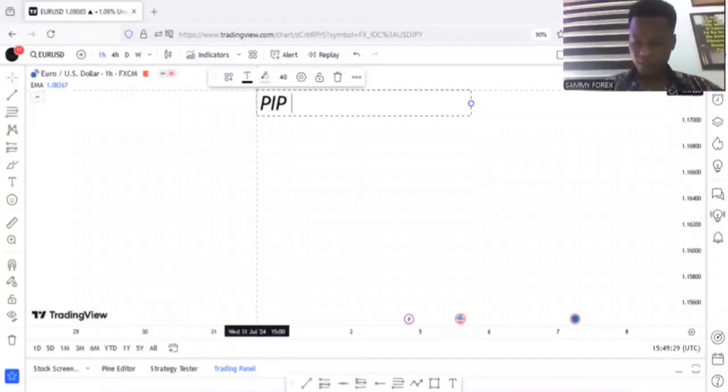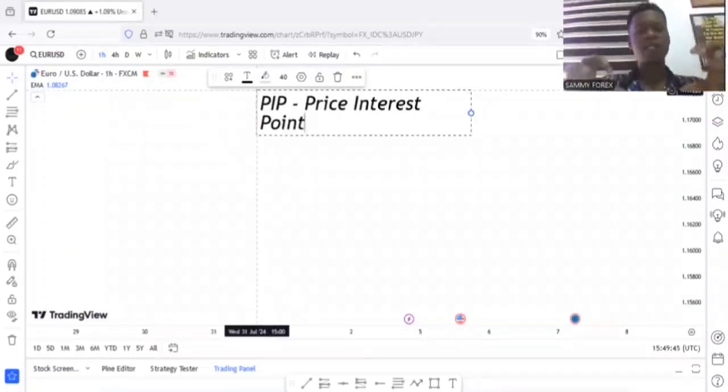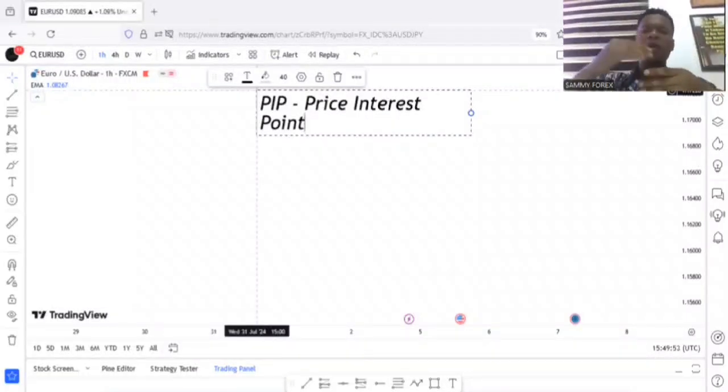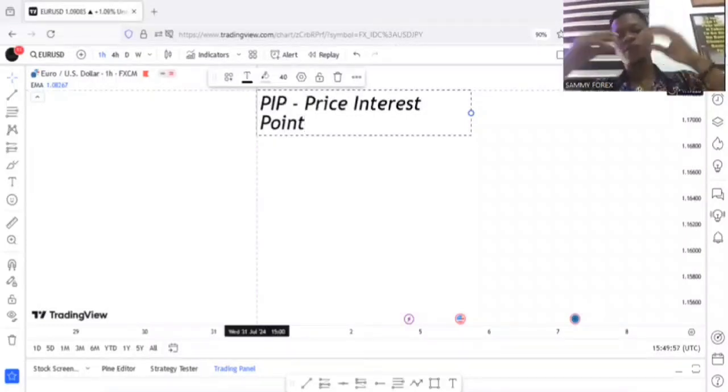PIP means Price Interest Point. That is the full meaning of pips, and it's the smallest price change of a currency pair.